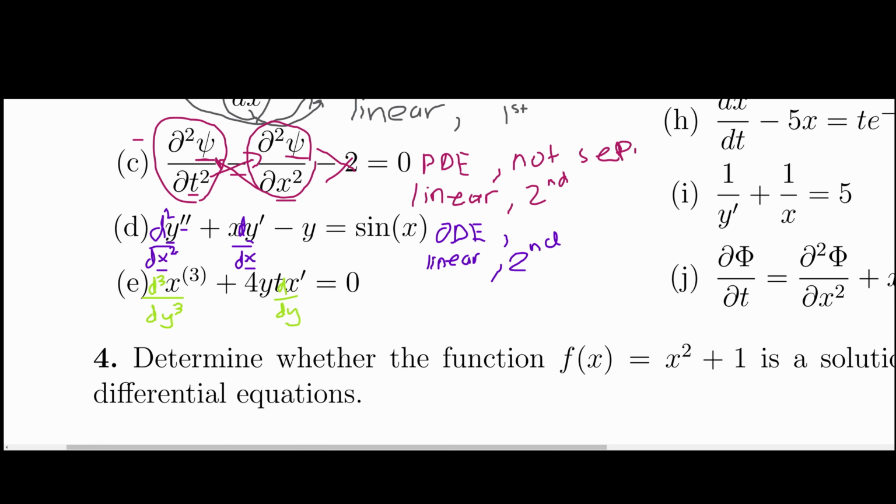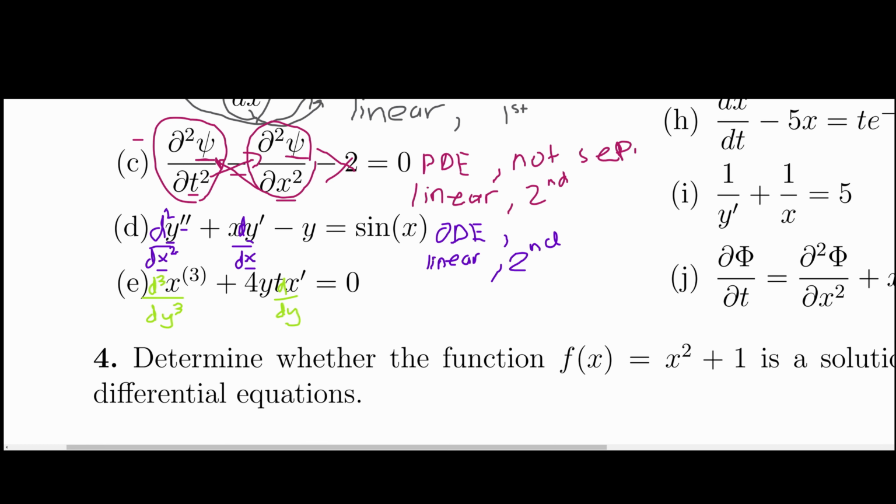Now we look to see if it is ODE or PDE. For this, we're going to look at the dependent variables, that being x. Since it is being derived by y, and only y, both times, it is an ODE. If it was being derived by two separate things, as in c, it would be a PDE.